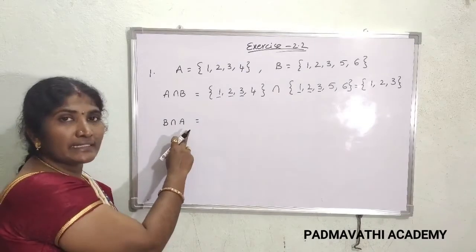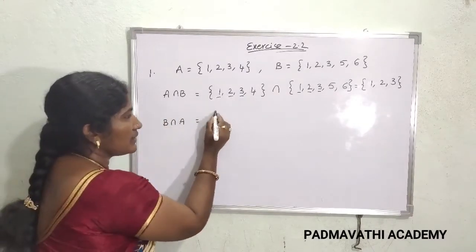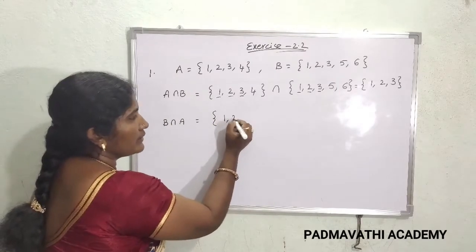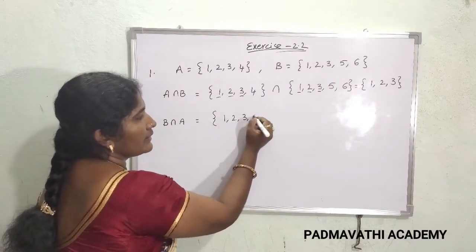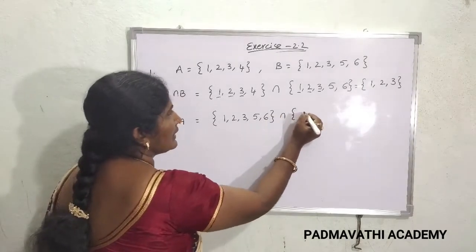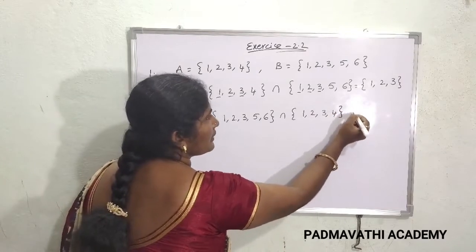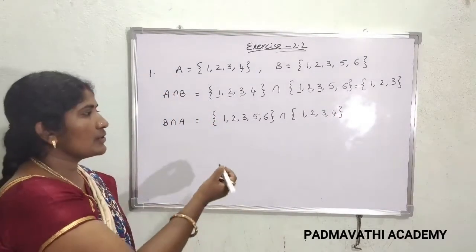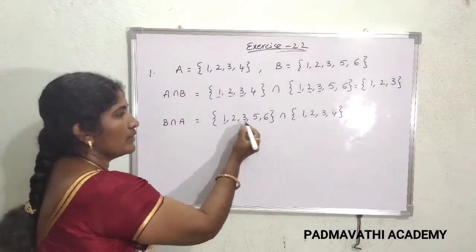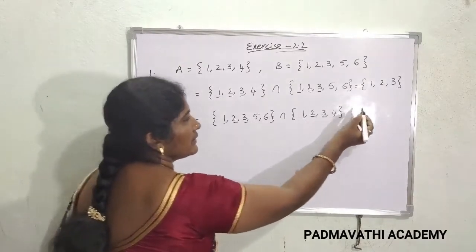Now, coming to B intersection A. First, list out set B: 1, 2, 3, 5, 6. Intersection, next A: 1, 2, 3, 4. Here also list out the common elements. 1 is common, 2 is common, 3 is common.